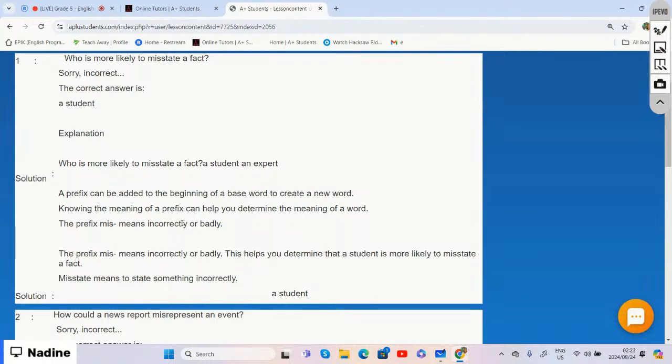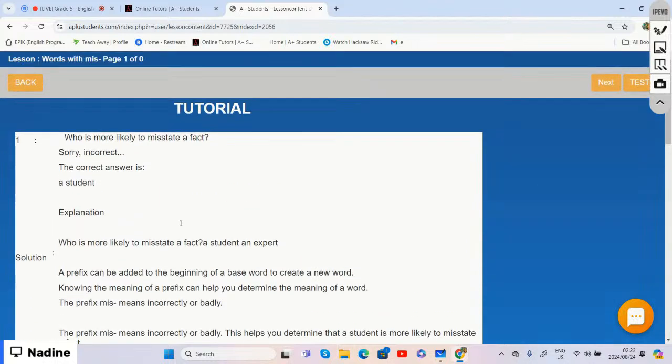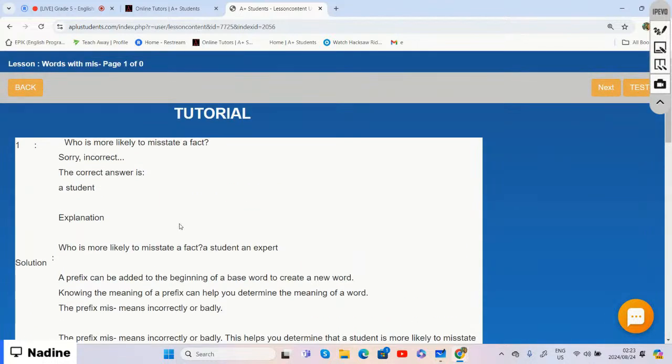Misstate is when you state something incorrectly.